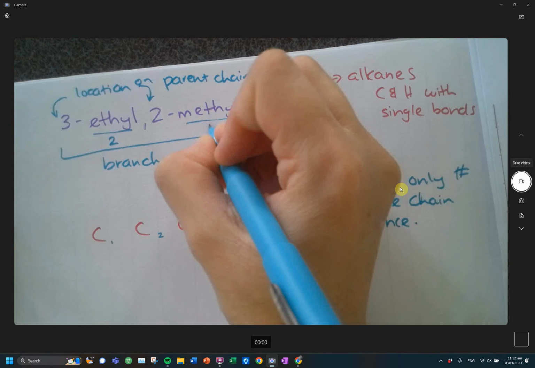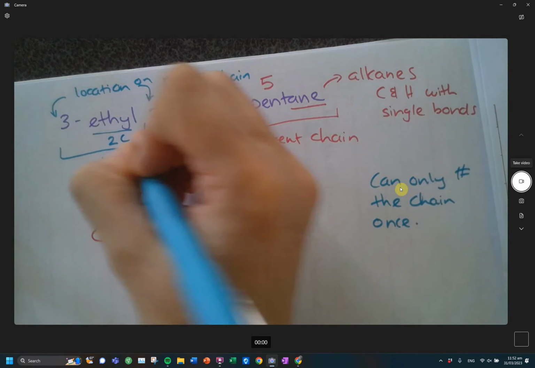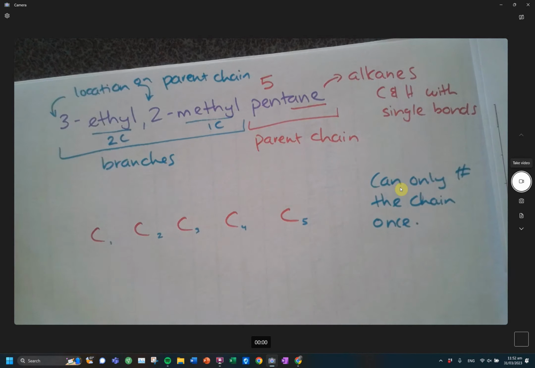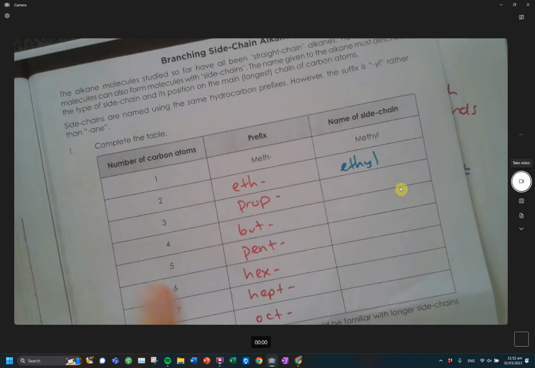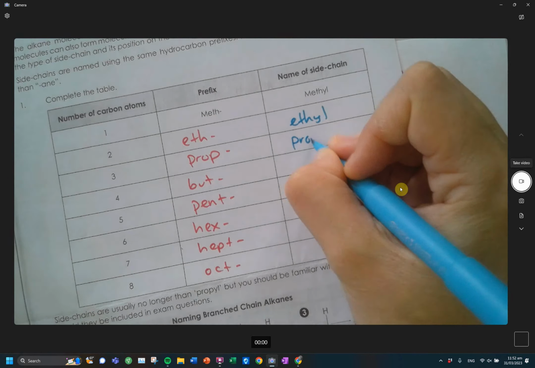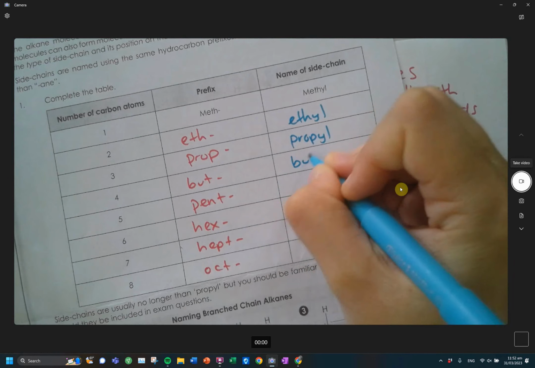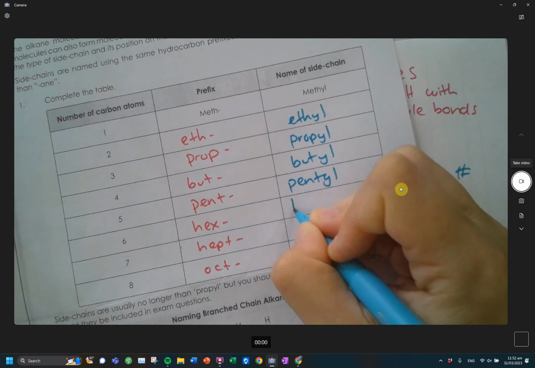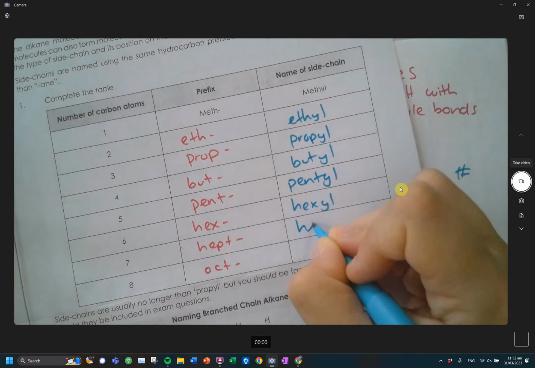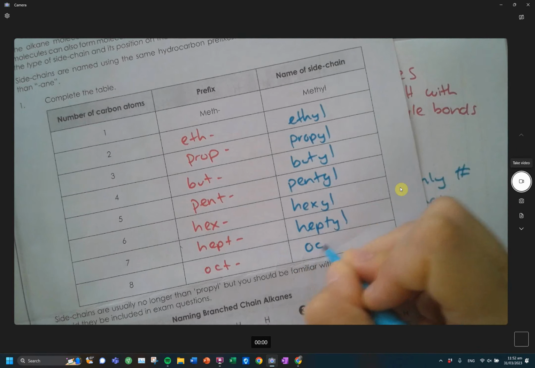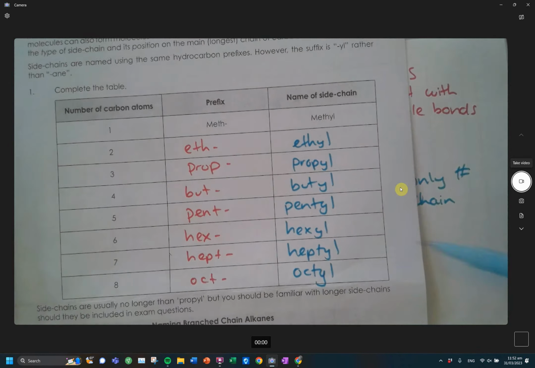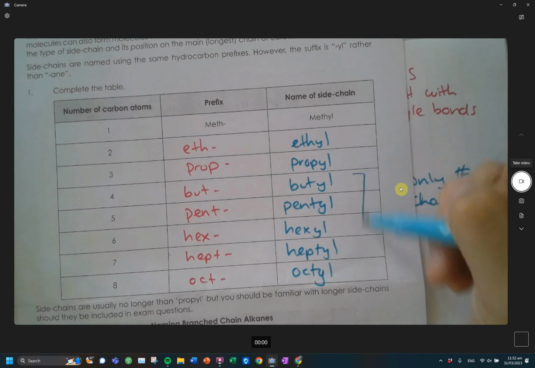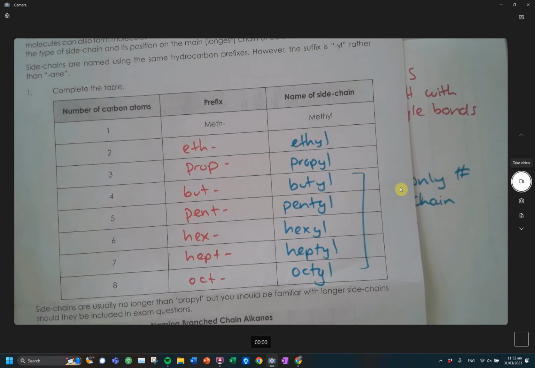So this carbon chain only has 1 carbon. 2 carbons, 1 carbon. And I'll do the other names. So this would be propyl, that would be butyl, pentyl, hexyl, heptyl, and octyl. Very unlikely you will ever get anything past 3 though, because then it's not the longest chain anymore. Okay with that so far?